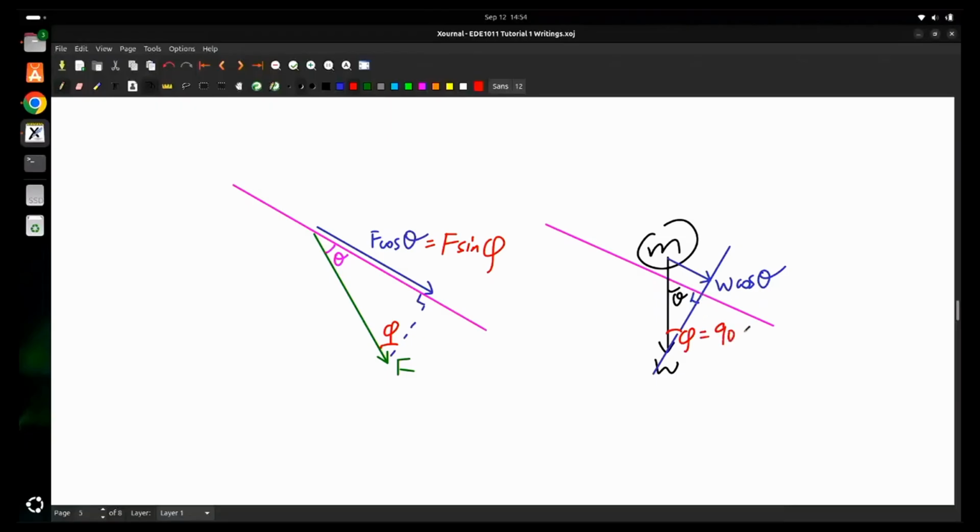So the end result is 90 minus theta. So clearly this is also equivalent to W sine phi, and therefore W sine 90 minus theta is the same thing. Okay, so that's the thing about projection functions or trigo functions.